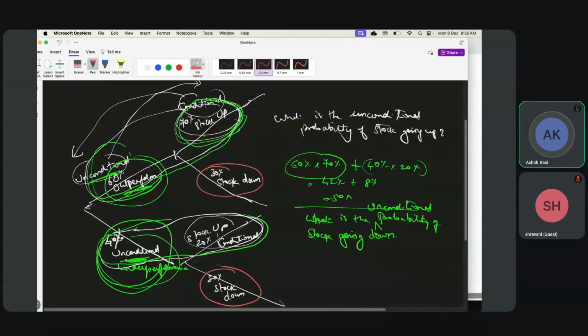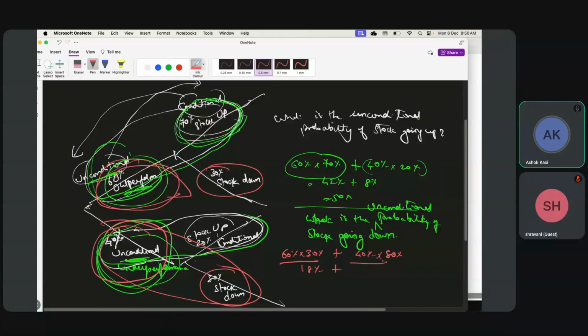Unconditional means irrespective of whether it is outperformance or underperformance. So the stock going down is 30 percentage and outperformance is 60 percentage. So 60 percentage into 30 percentage, or else 40 percentage into 80 percentage. So this becomes 18 percentage plus 32 percentage, which is 50 percentage.